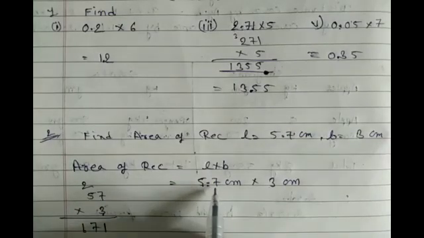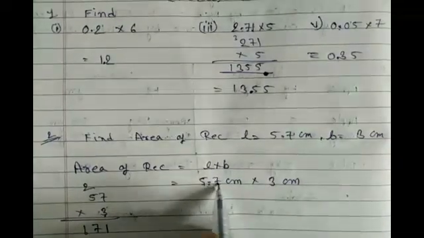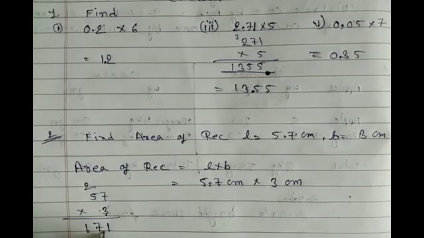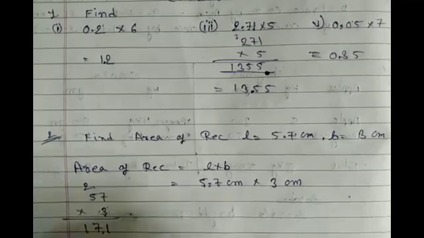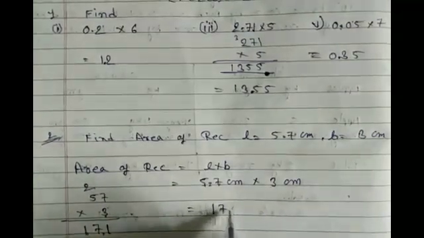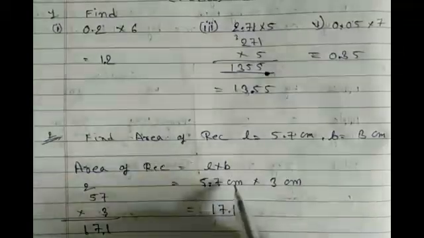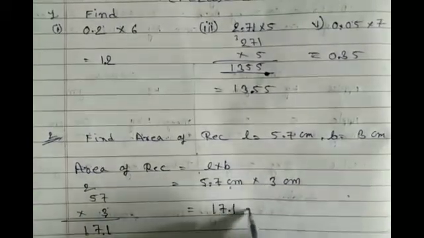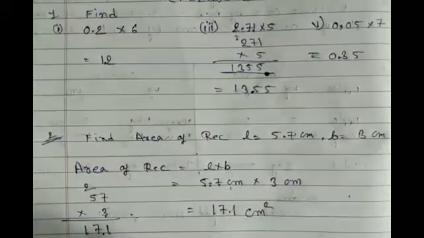And in the question there is one digit after the decimal. So in the answer we need one digit after the decimal. So we put the decimal after one digit from the back side. So we get 17.1.